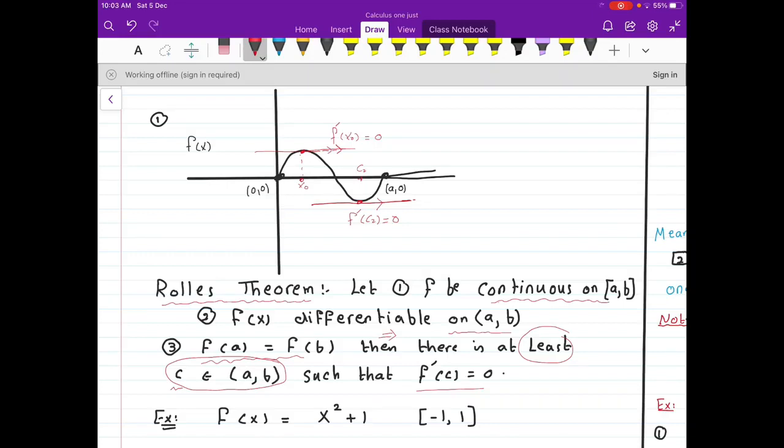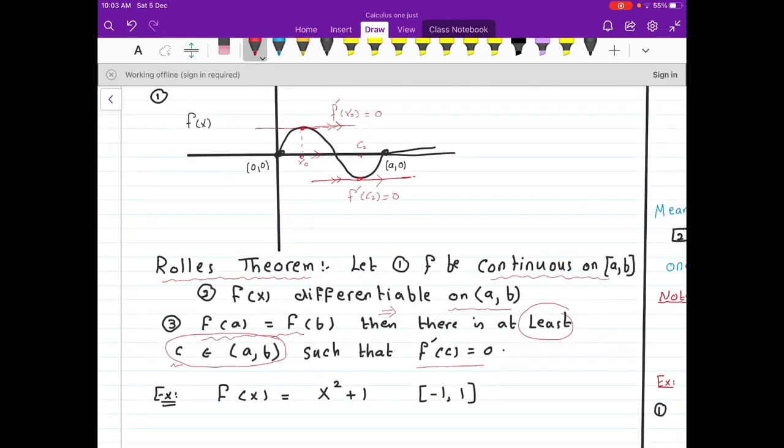That means the slope of the tangent line at x equal C equals 0, that means this tangent is parallel to the x-axis. يعني وضع المماس عند هذه النقاط يكون horizontal، يكون أفقي.